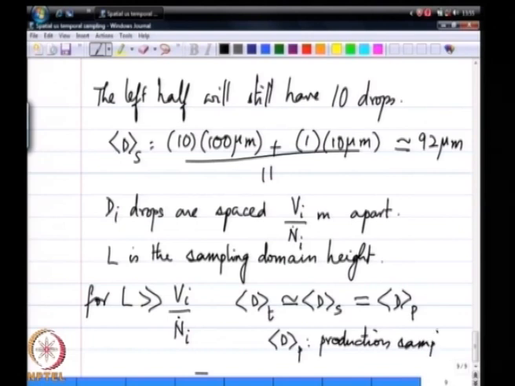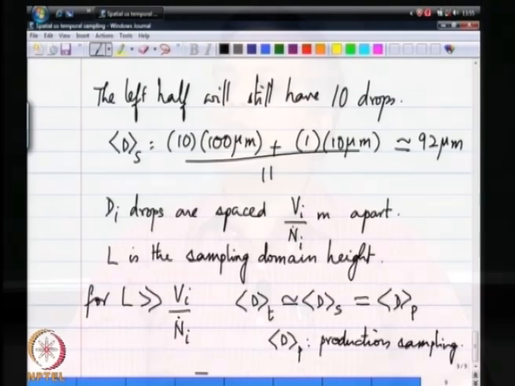Actually, production sampling is something that is already exactly equal to the temporal sampling, but just to sort of have a physical feel for sampling in time being different from sampling at the nozzle exit.